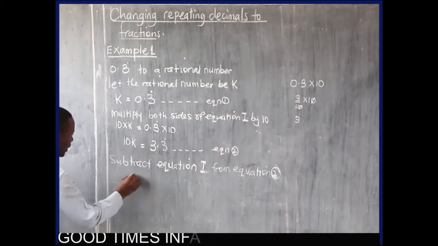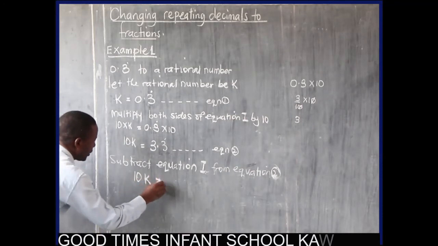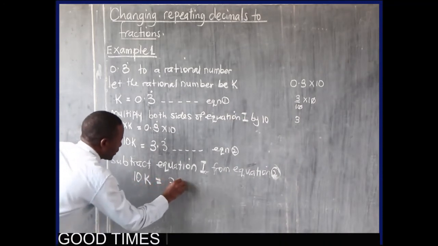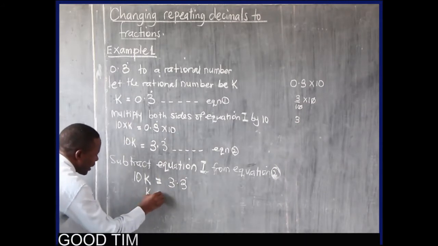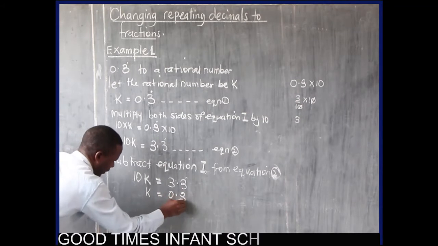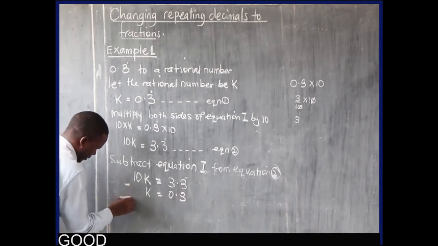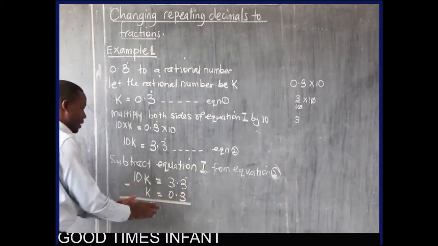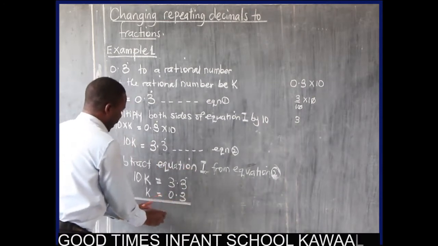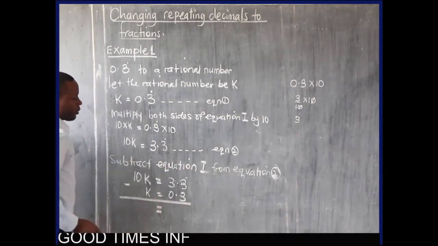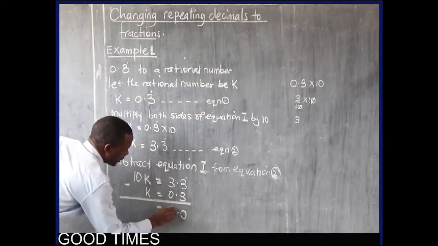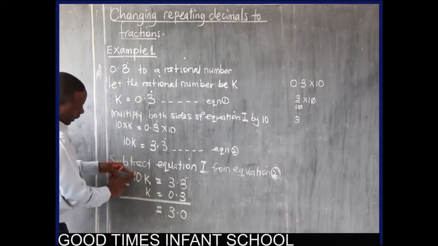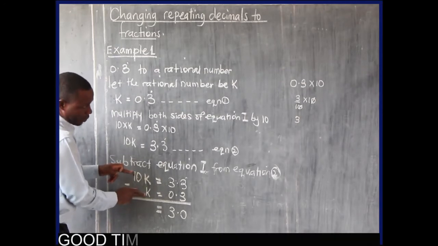Now this one will be 10k equals 3.3 recurring, and the other one is k equals 0.3 recurring. Now we subtract this side from this side, and we separate everything by an equal sign. So this one will give us 0.3 recurring minus itself, which is 3. 10k minus 1k, what do we get?